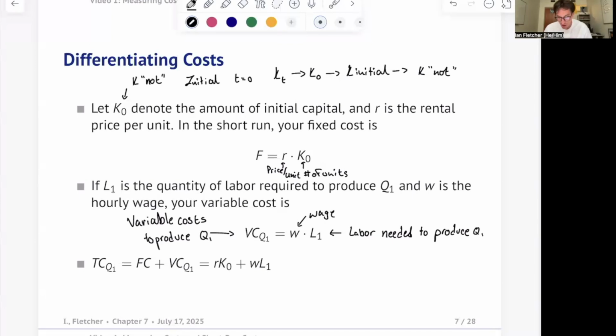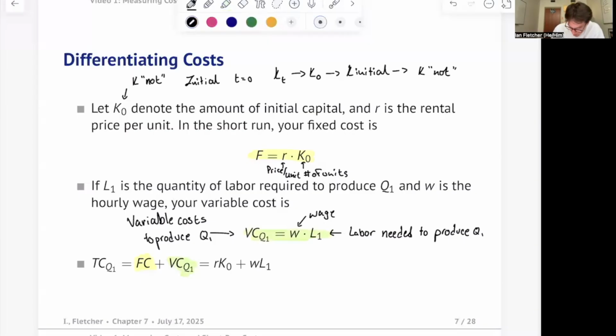And so when we throw all of this together, remember our total costs are our fixed costs plus our variable costs. And so it's just going to be R times K naught plus W times L1 in order to produce Q1.